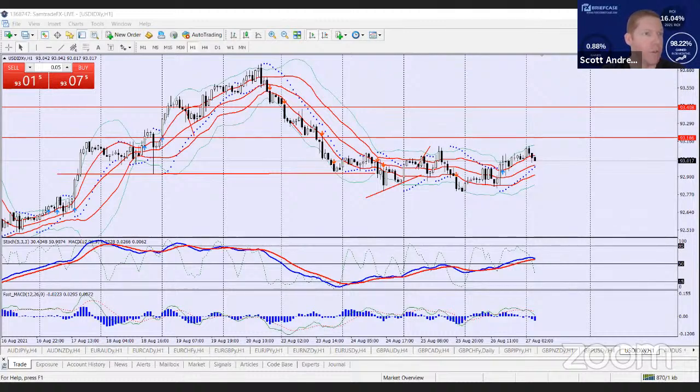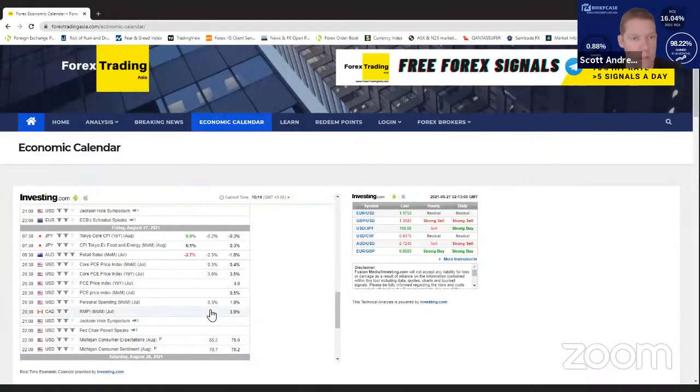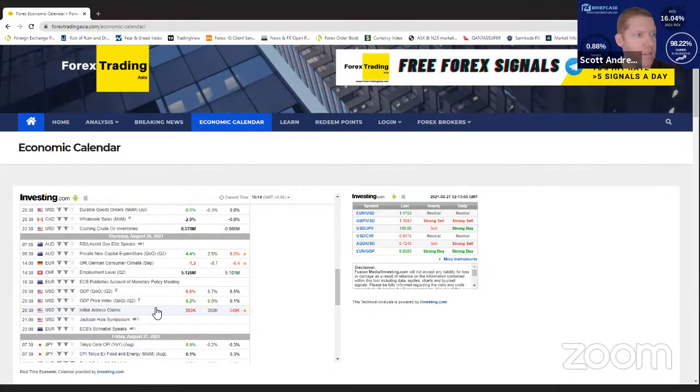So just to go through the key economic events from last night. Last night for us in this time zone, we did have, for Thursday, GDP. Now, we've discussed this several times in the week. We did come slightly under, but we did beat the previous quarter for the GDP quarter on quarter.